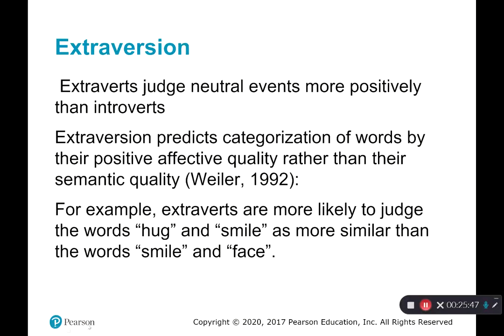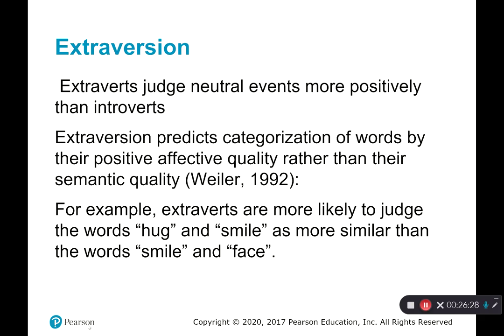Another interesting finding with extraversion: extraversion predicts categorization of words by their positive affective quality rather than their semantic quality. So extroverts are more likely to judge the words hug and smile as more similar than the words smile and face, which is interesting because smile and face semantically are more closely related. I mean, where do you find a smile?